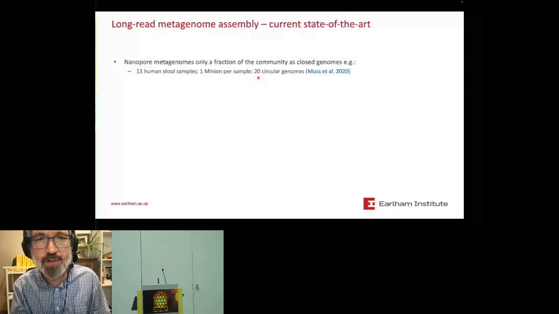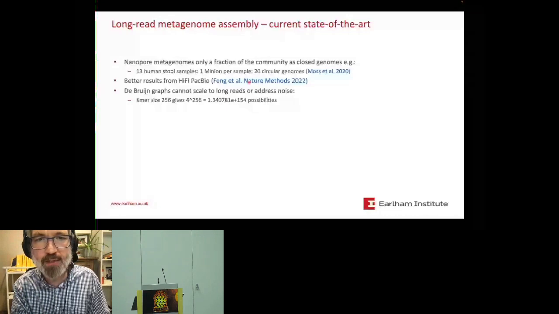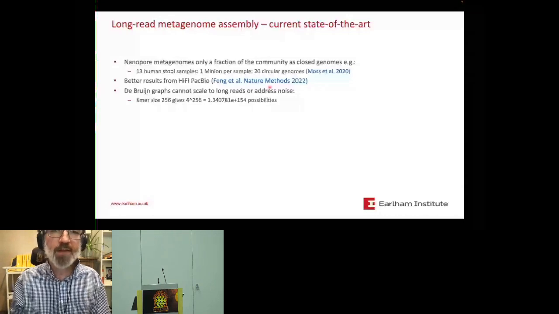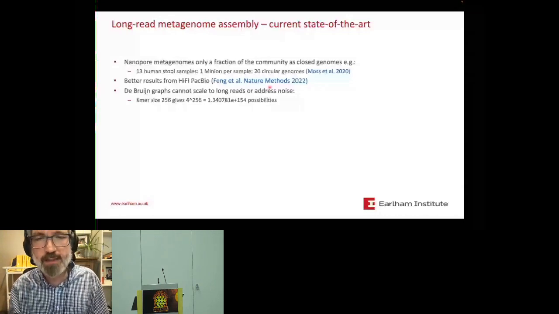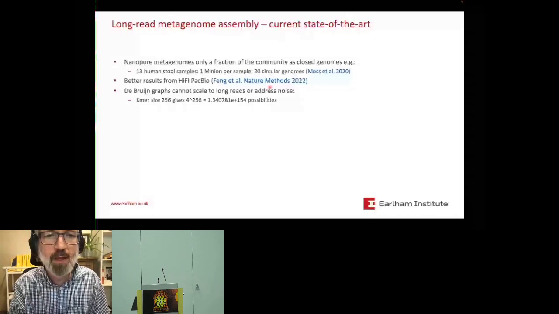Now, the first results from HiFi came out in about 2022, and that was much more exciting, as I'll talk about. Now, in terms of methods for assembling HiFi data, these long, accurate reads, you can't just use de Bruijn graphs, because de Bruijn graphs won't scale to long reads for 2 reasons. Firstly, we need long overlaps.